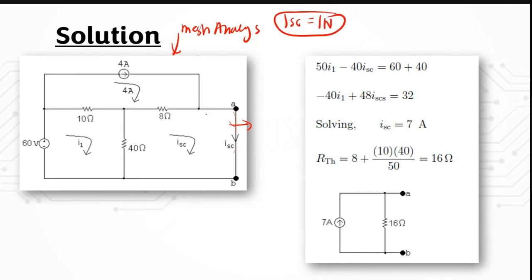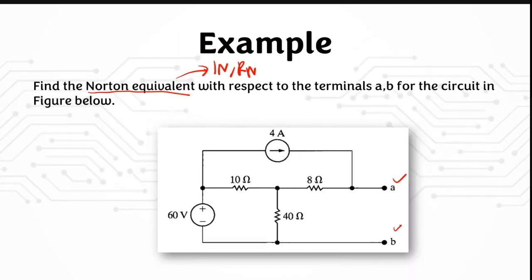Why use the mesh analysis? Because if you analyze the circuit, it already has the current here, and it's easy for you to get this current here, because it's just the short circuit current, right? So for this loop here, you will have ISC.